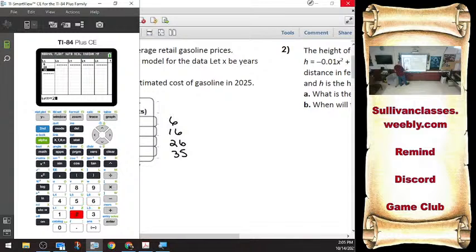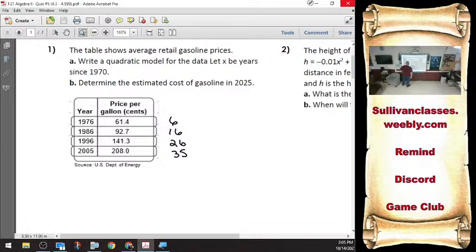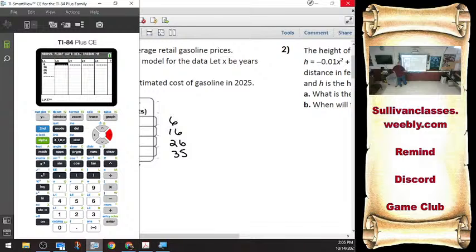6, 16, 26, 35. Okay. Now the y values: 61.4, 90.4, 92.7.